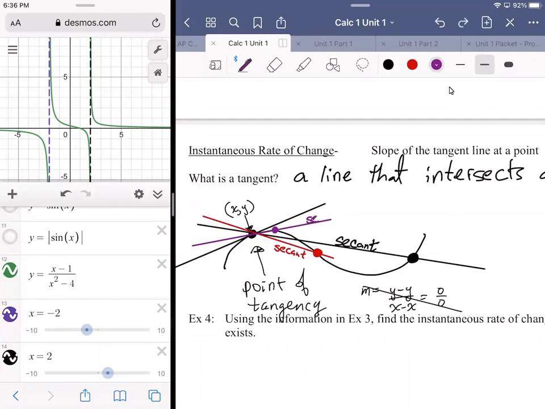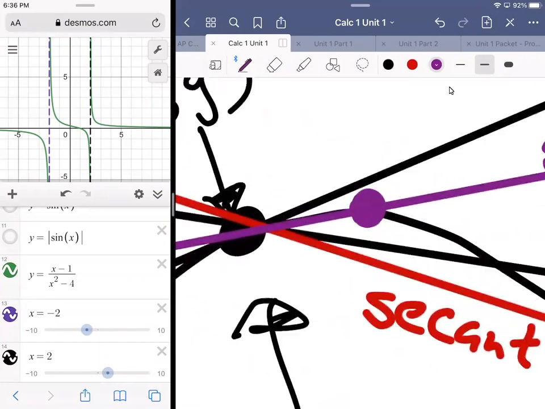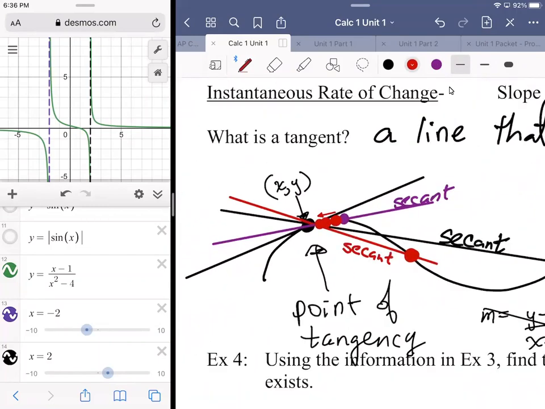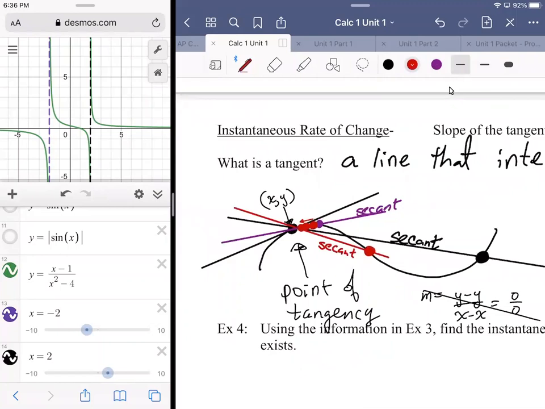This is going to be a more accurate estimate, right? So if I could bring this point even closer and closer and closer, moving inward towards that initial point, I'm going to get a better estimate of what the slope of the tangent line would be.